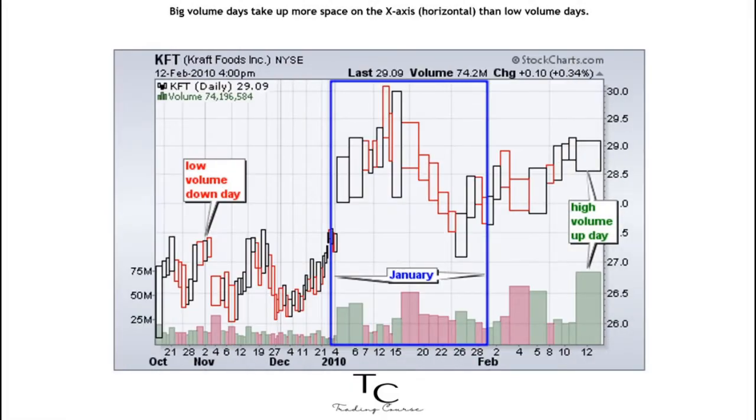Big volume days take up more space on the x-axis, horizontal, than low volume days. With varying width, this means the date axis is usually not uniform on EquiVolume charts. Some weeks will extend longer because of wide candlesticks, while others will be shorter because of narrow candlesticks.